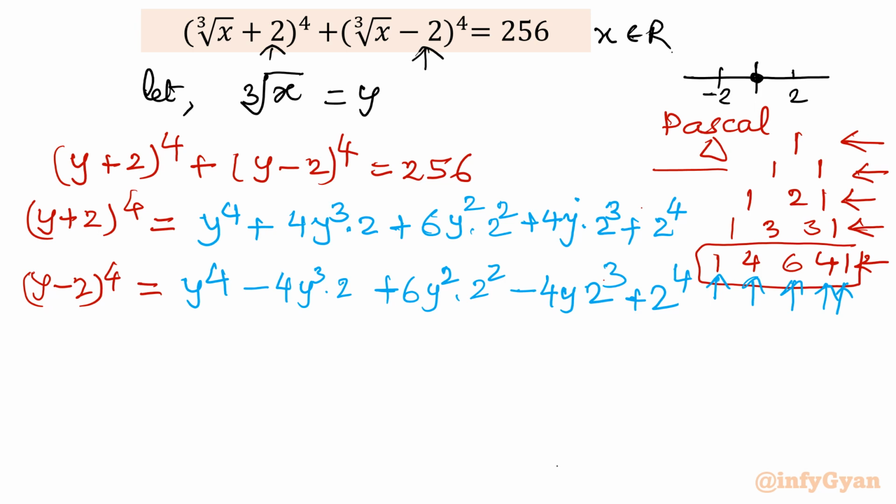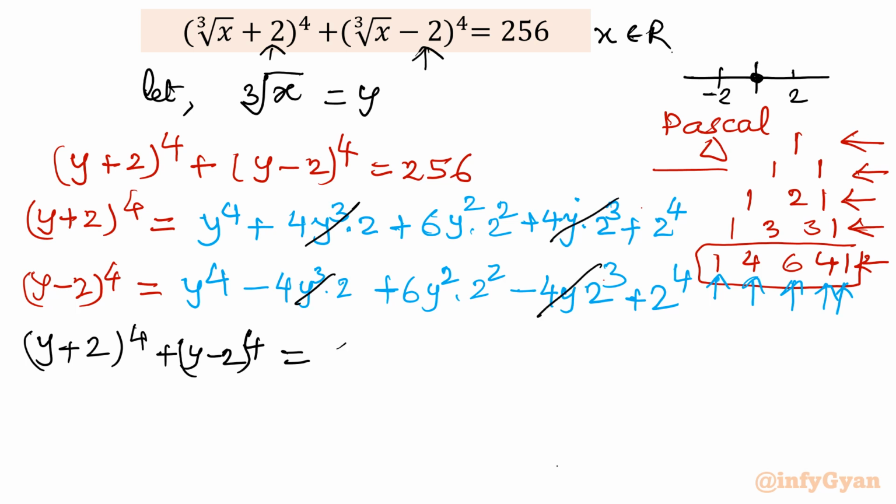So let's add. Once I add (y plus 2) whole power 4 plus (y minus 2) whole power 4, we will have, see, these terms I will cancel. What is left? 2 times y power 4 plus 6 into 4, 24, so 24y square plus 16.